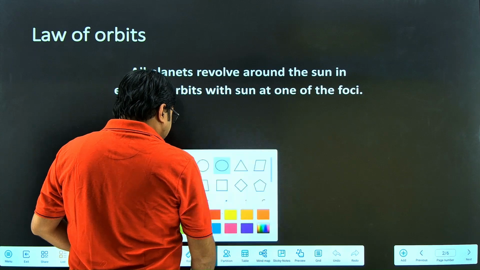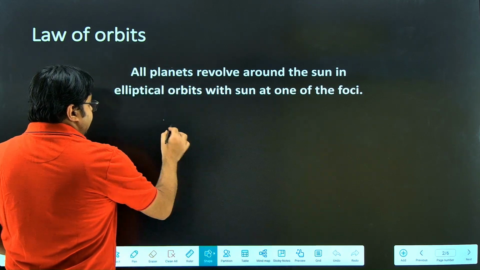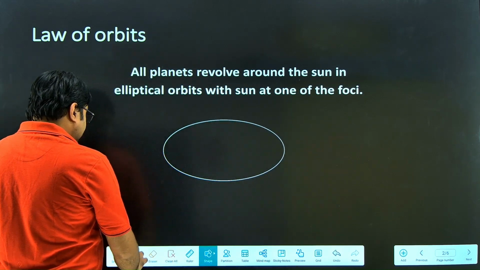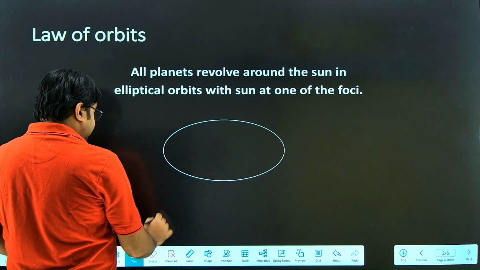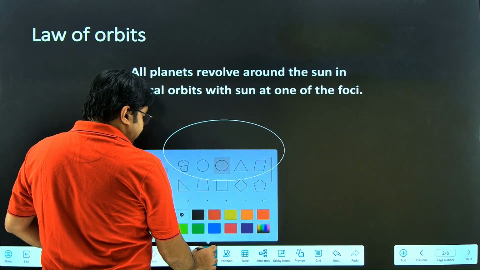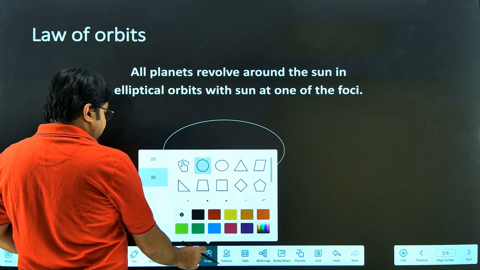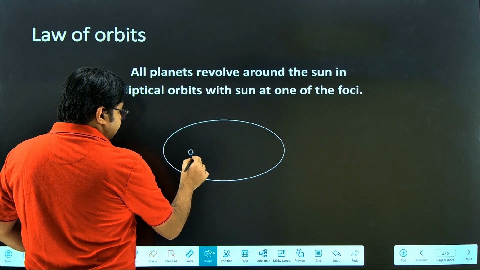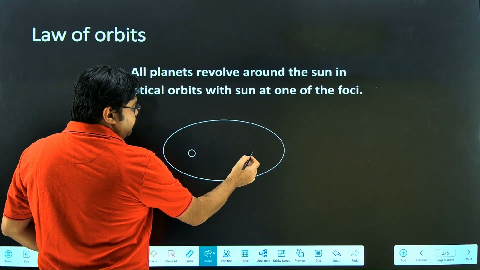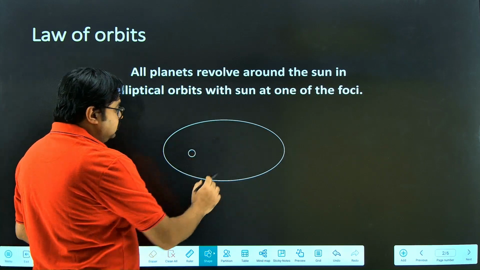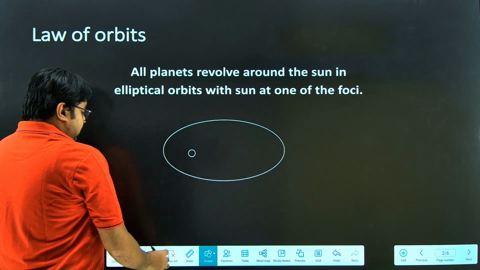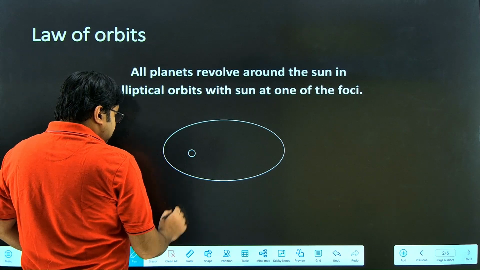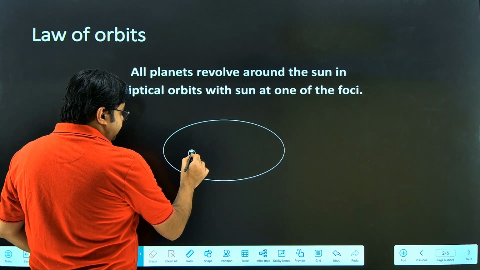We have an ellipse here, and let's say I have a sun at one of these points. Here is the sun. This is the other focus. This is one focus. There are two foci. Let me just fill the sun up.